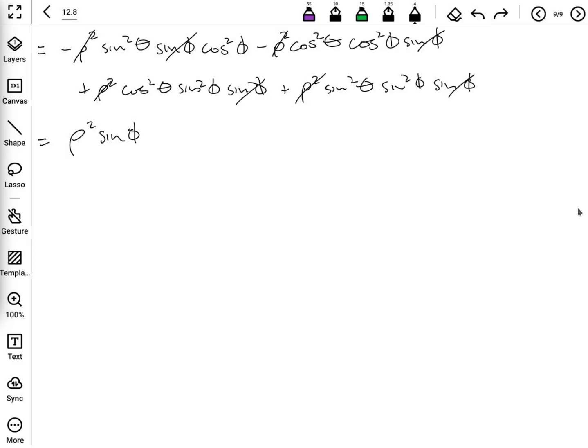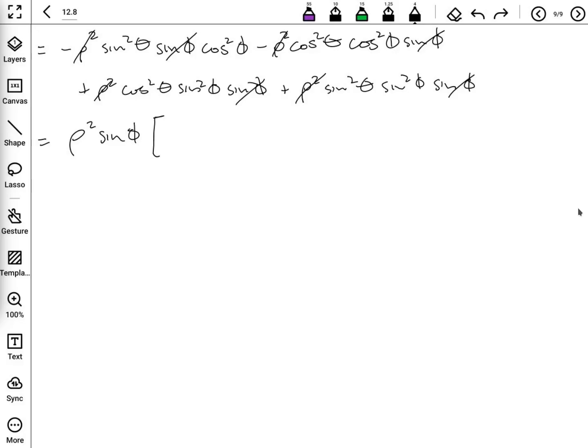And then I can see that there's no single term that's the same between all of them at this point. I can see that rho squared sine phi is the answer I want to have, so presumably the rest of this is going to cancel out somehow.